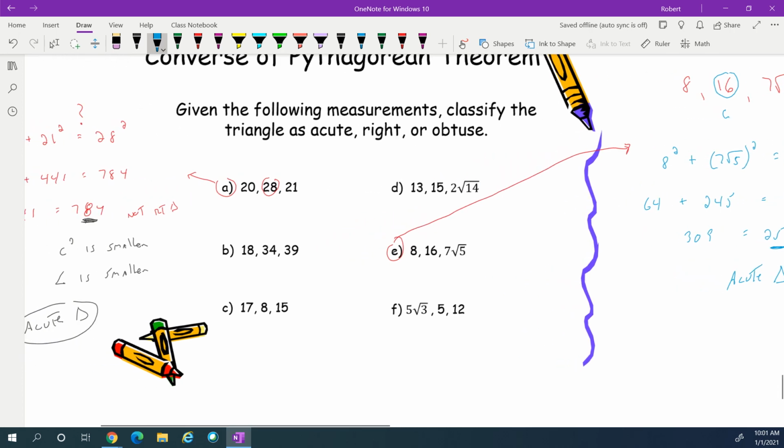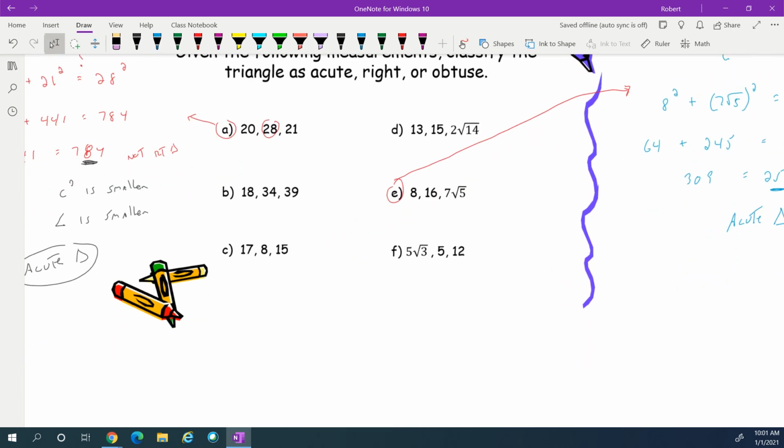Let's see. Do I have one that's obtuse? I do not have these answers memorized, so I don't know. Let's see if we can get one that is obtuse just for the sake of seeing it. 18 squared, 34 squared, 39 squared.